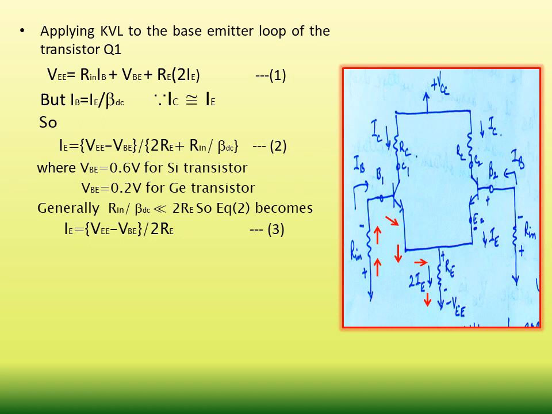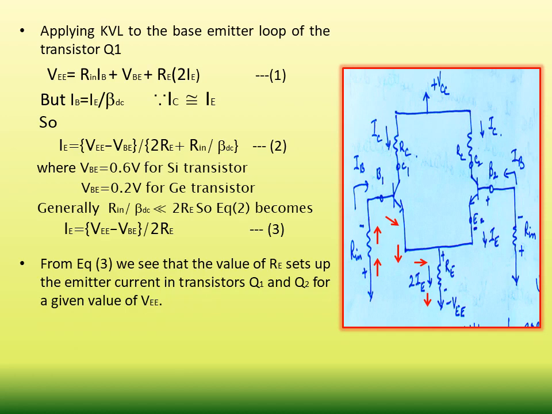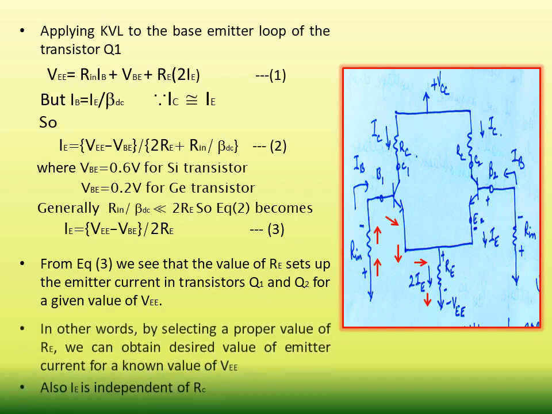In equation 3 it is observed that for a given VEE, IE depends entirely upon RE, because the transistor is not changing, so VBE will not change. From equation 3 we see that the value of RE sets up the emitter current in transistors Q1 and Q2 for a given value of VEE.